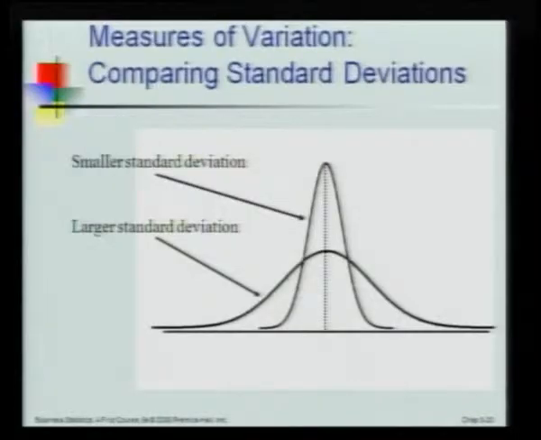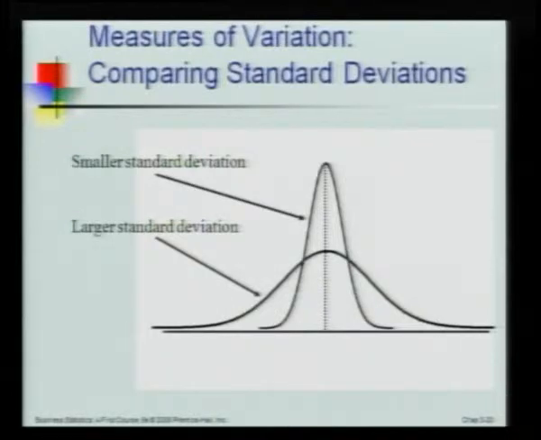Suppose we have curves for skewed or symmetric distributions. Now, both of these distributions are symmetric. I mean by symmetric, the mean splits the data into 2 halves.